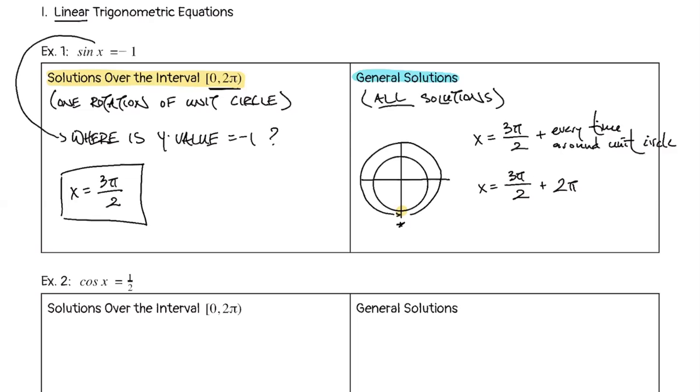So the way we write that is we say 2 pi and we multiply a k there as well, okay? So the k is what tells us how many times around the unit circle, okay? So every time I put in a number for k, that tells me a different solution.